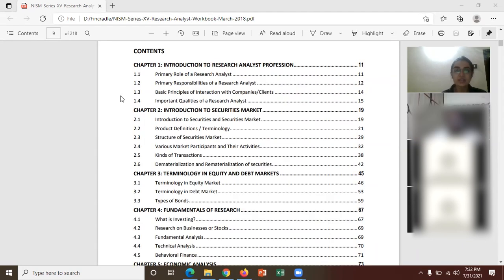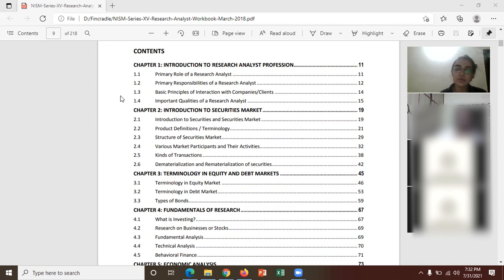The certificate which you will be getting is by NISM only. We are just the knowledge provider, or the medium to get your concepts clear, I would say. There is no certification from our end that we will give you a research analyst certificate.